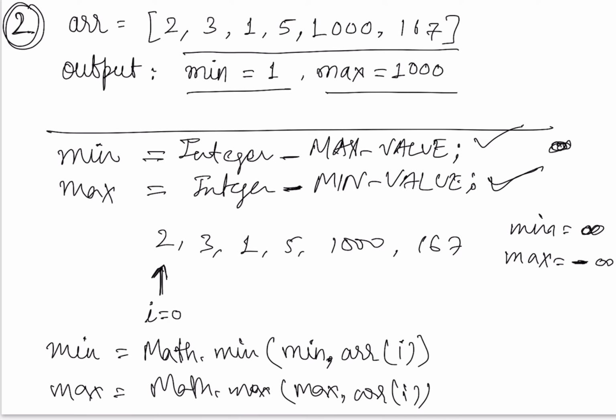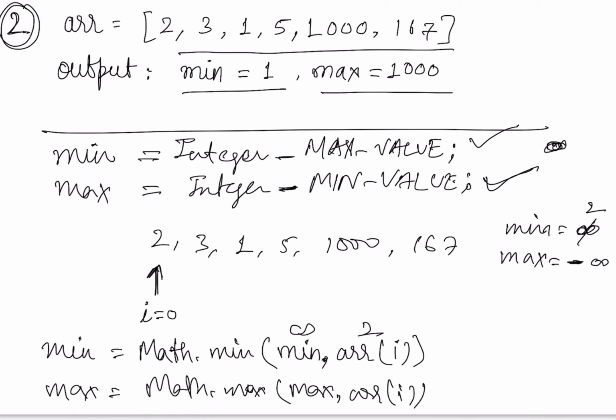So at I equal to 0, the value is 2. Minimum is currently infinity, so between them the minimum is 2. And for maximum, between minus infinity and current value 2, the maximum is 2, because 2 is greater than minus infinity.